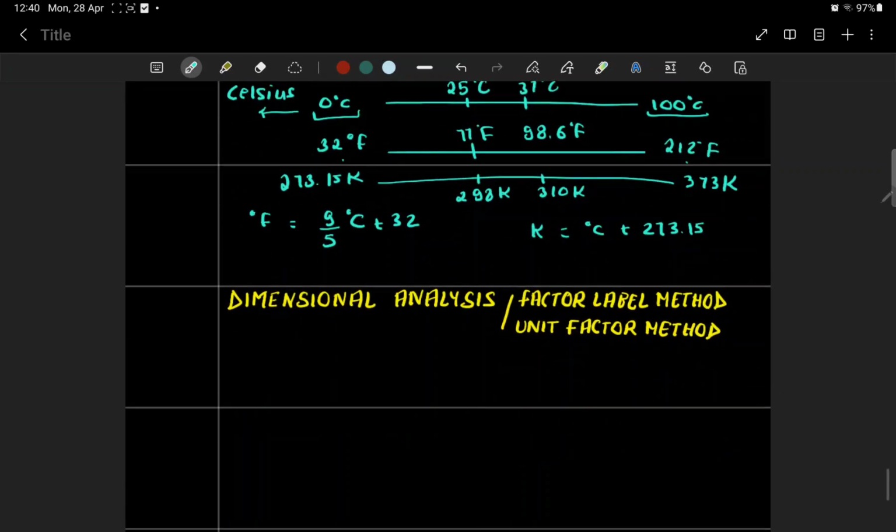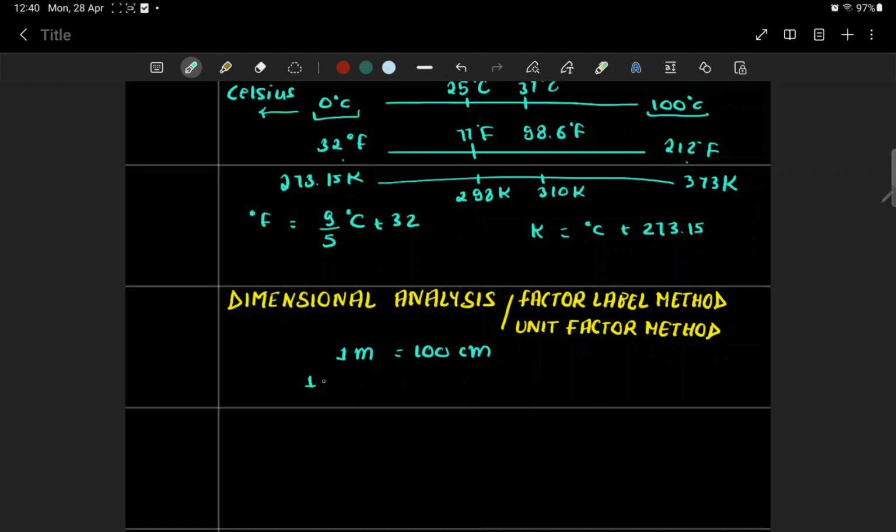Now, dimensional analysis is not usually used for unit conversion, but let's just go through it. It's called dimensional analysis, factor label method, or unit factor method. So we know that 1 meter is equal to 100 centimeter, right?